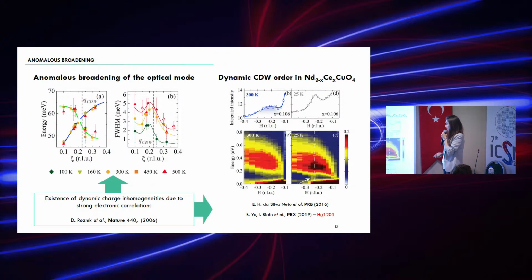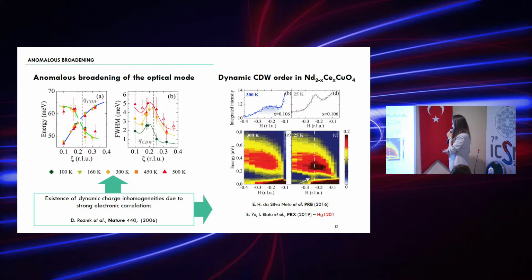And actually, dynamic charge fluctuations, dynamic charge density wave, were seen in neodymium cerium copper oxide. It was published in 2016. And this kind of feature is visible and is temperature independent. And what is more, it's also coupled to paramagnon dispersion. So at the same time, this dynamic charge density wave and paramagnon contribution are increasing in resonant inelastic X-ray scattering spectra.